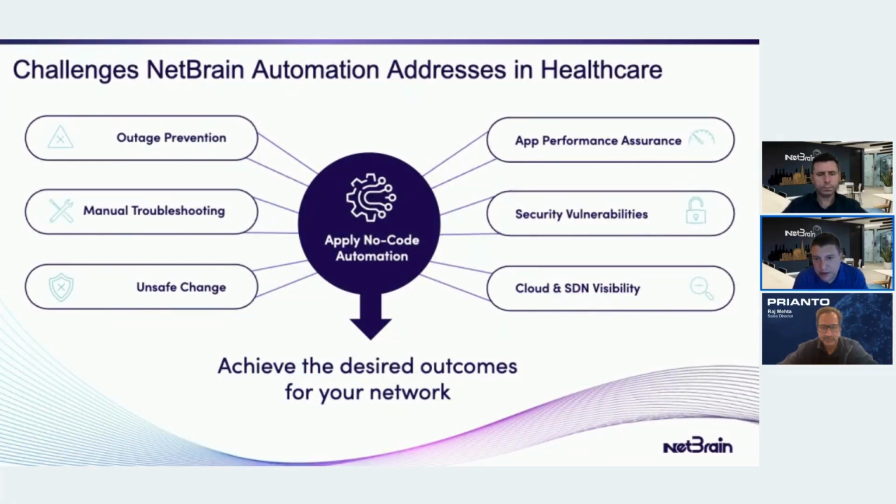So from a visibility perspective, I'm just going to use an example of a large healthcare provider. They had 29 hospitals and they had over 300 different outpatient type sites as well. On the visibility side, this is really where they started with Netbrain, and what they were trying to achieve was to keep their network documentation up to date. So they didn't have accurate Visio diagrams. Things change over years, which we know.